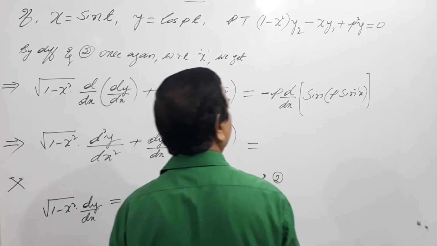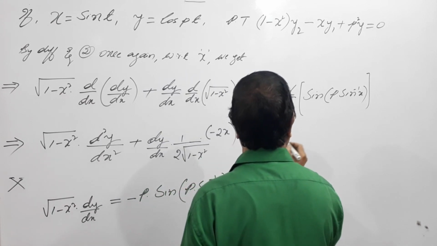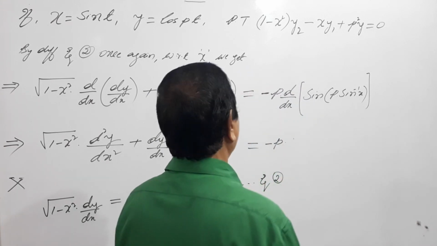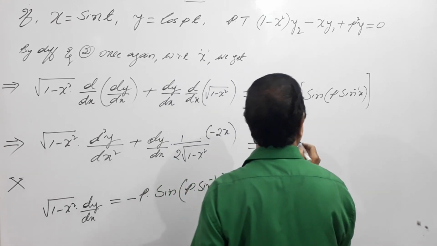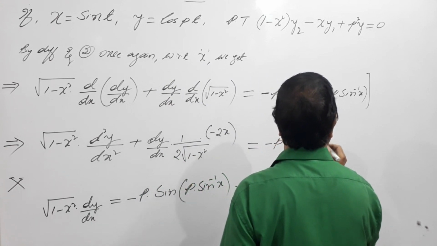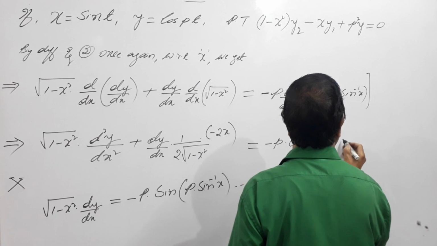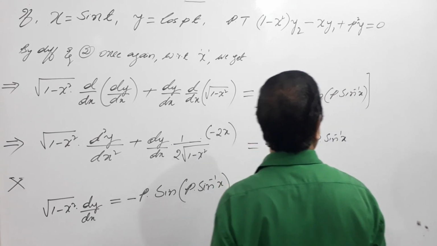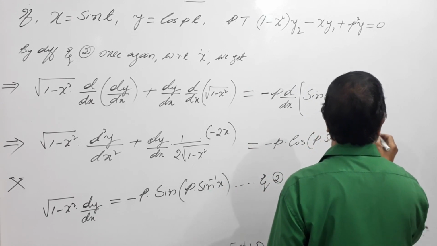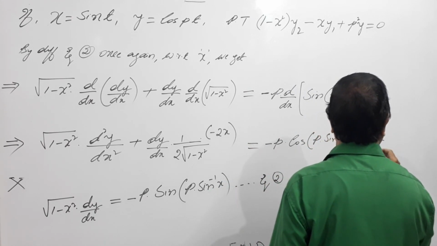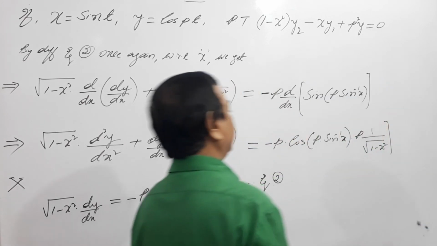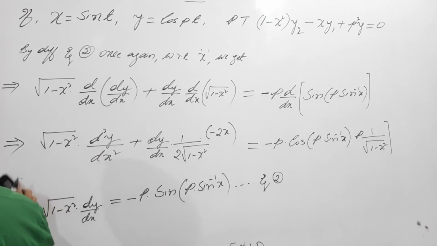On the right hand side, minus p into, I will differentiate this. If you differentiate this, it becomes cos of p sine inverse x into p by under the root 1 minus x square.